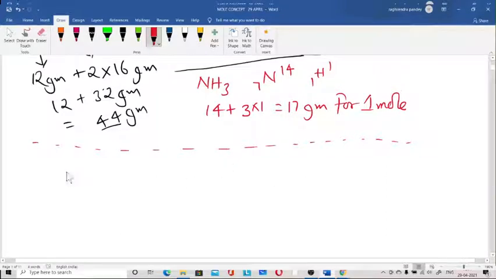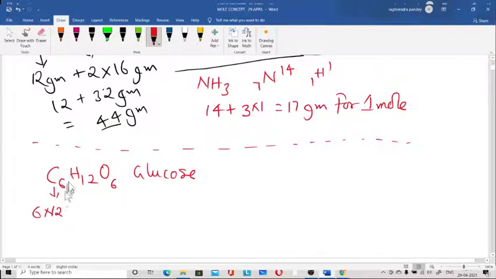Okay, now let's take something more complex. Suppose glucose, C6H12O6. So what will be the weight of glucose? 6 into 12, that is your carbon, plus 12 into 1, that is your hydrogen, plus 6 into 16, that is your oxygen.